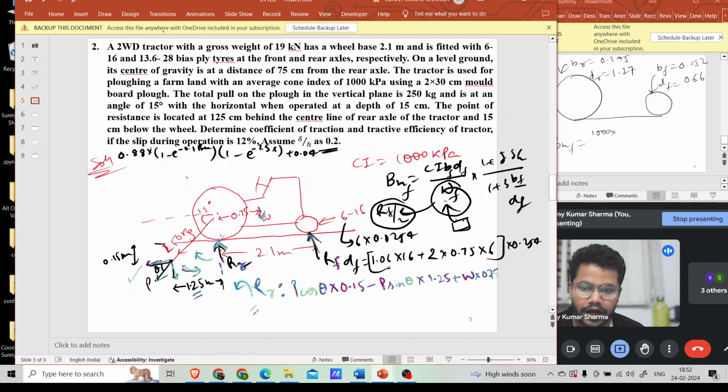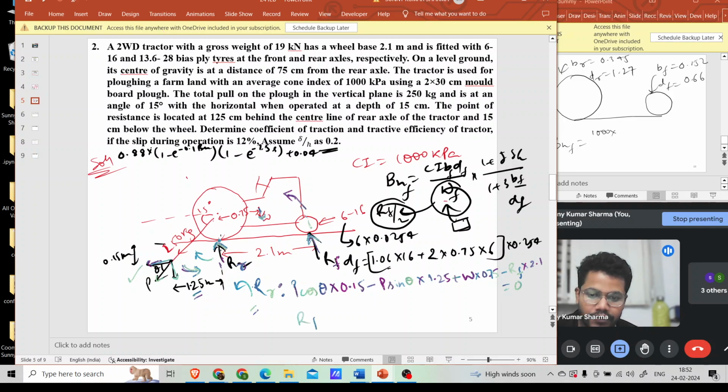Then we have the unknown value RF. RF is acting at 2.1 meter, and it is giving counterclockwise effect, so it is minus RF at a distance of the wheelbase, that is 2.1 meter. This you equate with 0.